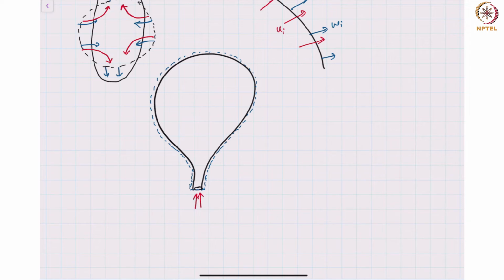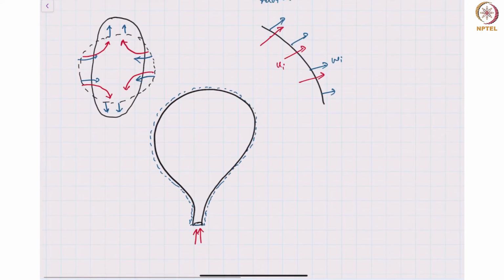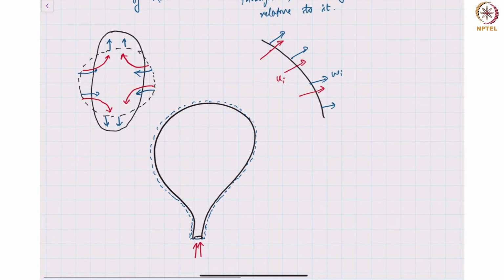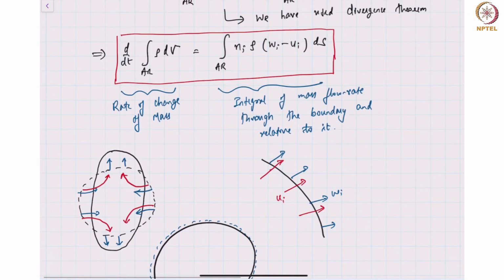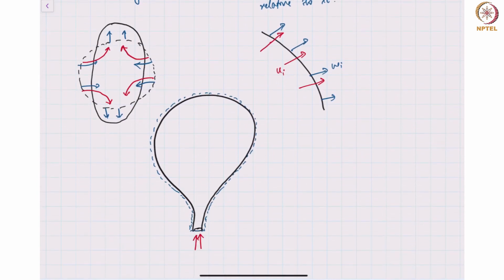If I were to blow air into this balloon, there are two possibilities. Either the density has to increase if the boundary is not changing. That is represented by the left hand side, right? The density is increasing, but the boundary is not moving. If the boundary is not moving, everywhere else Wi will be 0 except here I have a velocity ui.